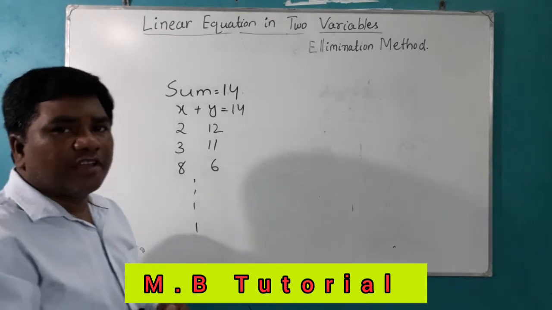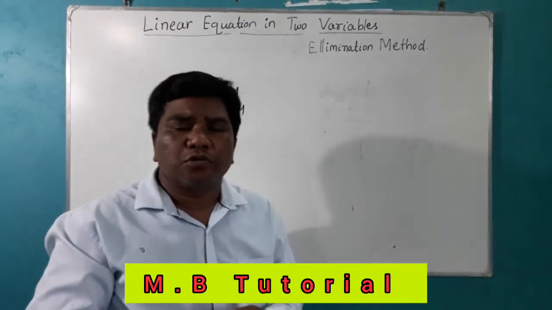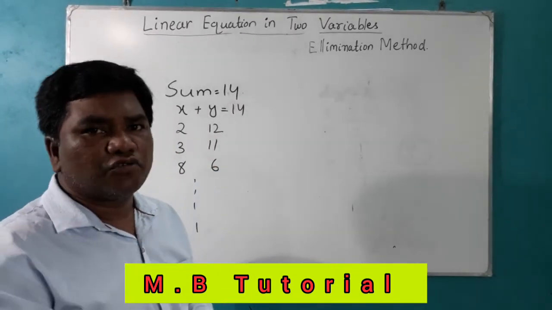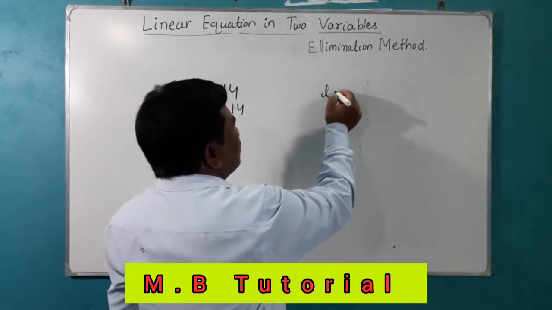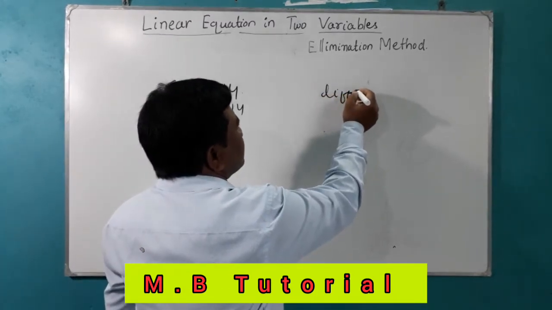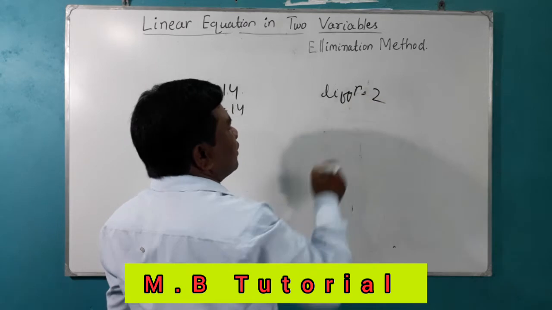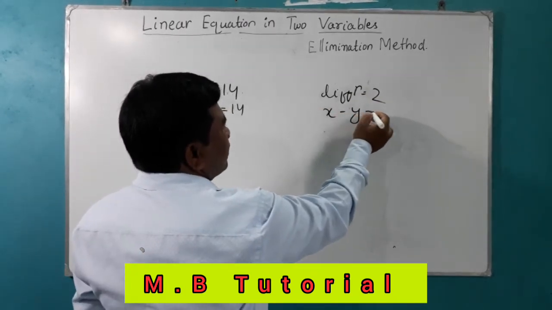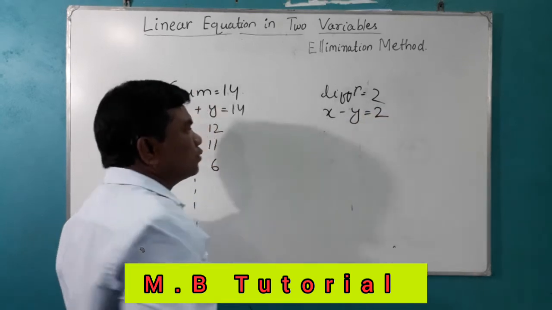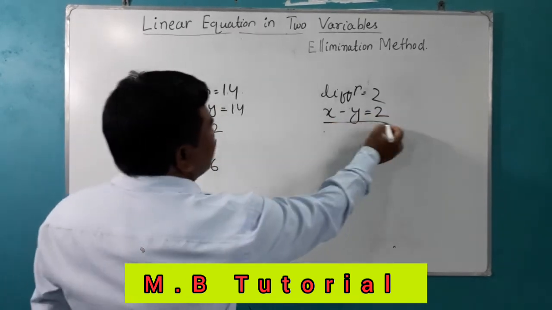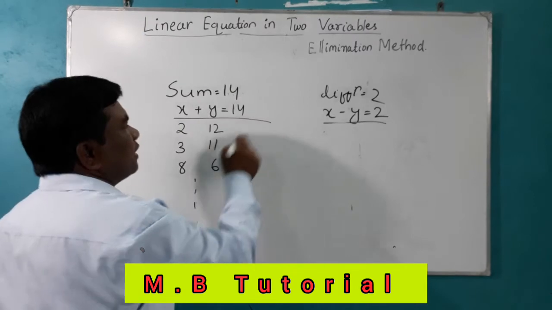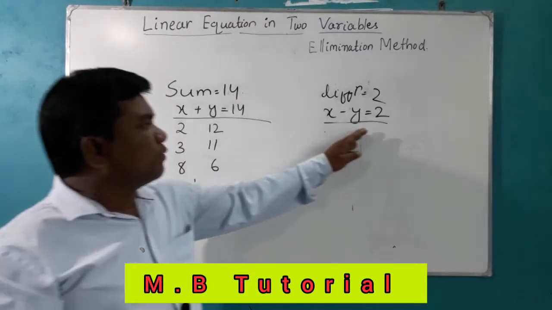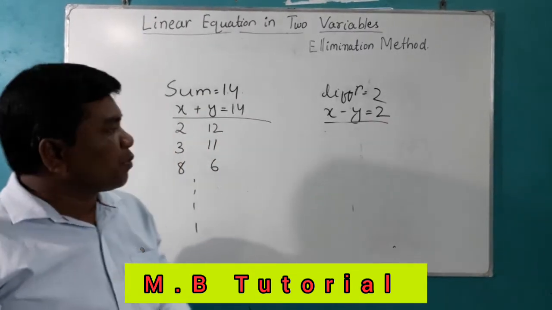Similarly, if I say find two numbers whose difference is 2, the equation may be x minus y equal to 2. This is a linear equation in two variables: x plus y equal to 14 and x minus y equal to 2.